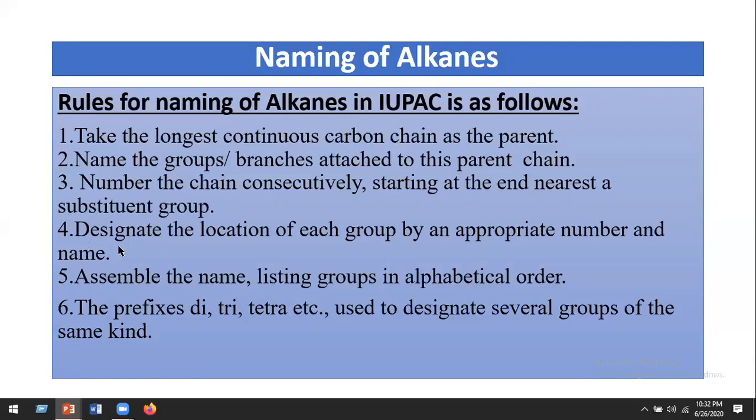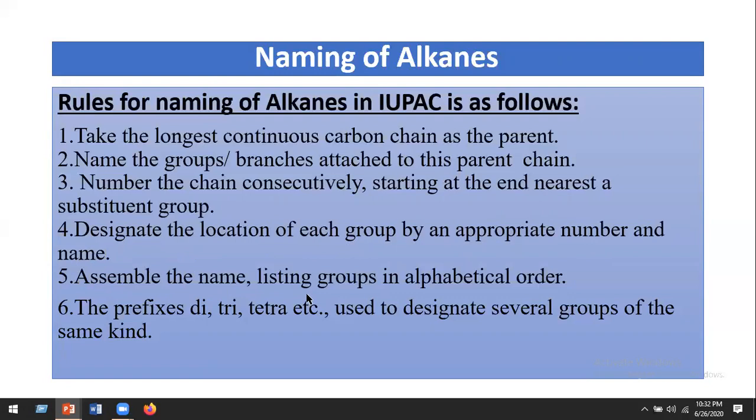Number four, designate the location of each group by an appropriate number and name. You have to locate the substituent groups. Number five, assemble the numbered groups in alphabetical order.